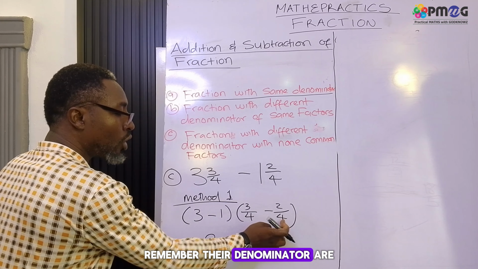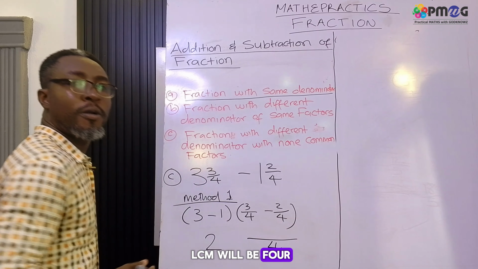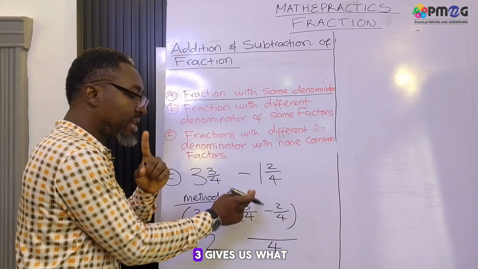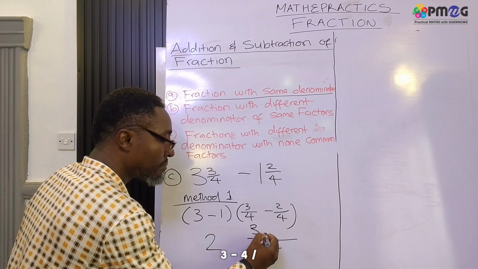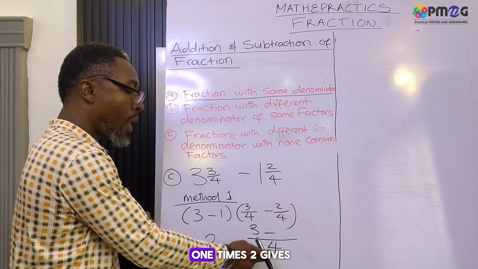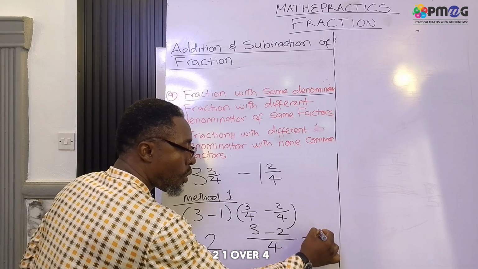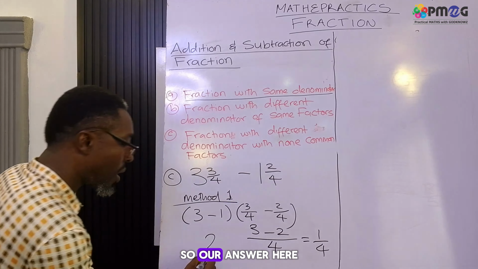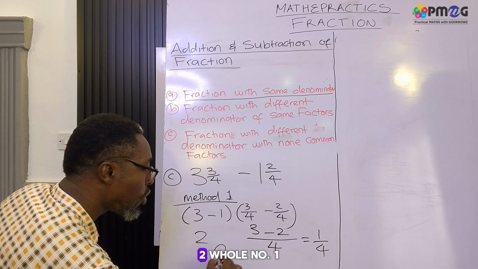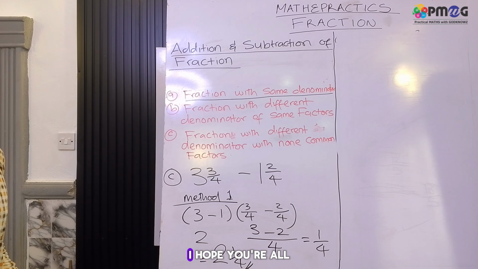Remember, their denominators are of the same kind, so the LCM will be 4. 4 divided by 4 gives us 1. 1 times 3 gives us 3, minus 4 divided by 4 gives us 1. 1 times 2 gives us 2. This becomes 3 minus 2, 1 over 4. So our answer here would be 2 whole number, 1 over 4. I hope you're all getting it.